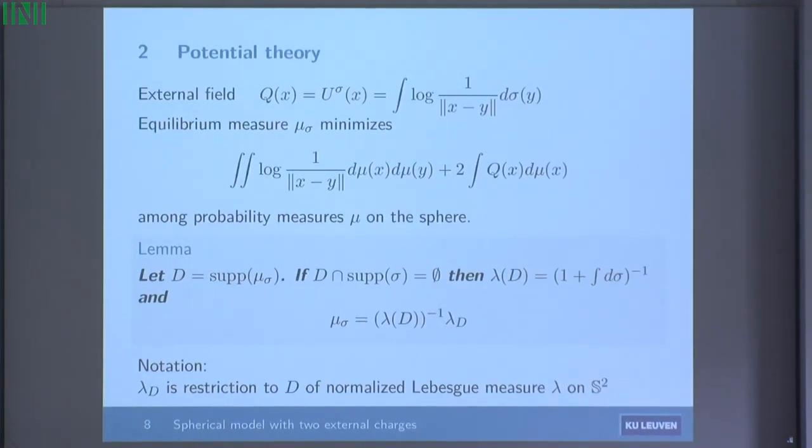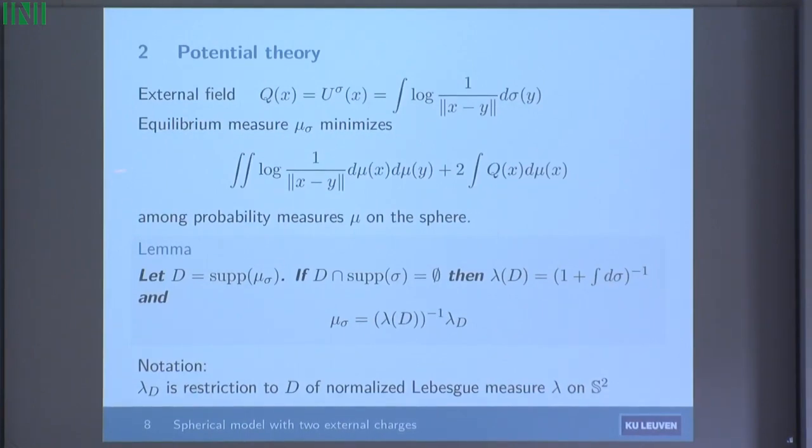Our goal is to compute this equilibrium measure, mu sigma. One thing is very nice here: if you are on the sphere, or more generally in the plane, and sigma is such that the support of this equilibrium measure, that's the droplet D, is disjoint from the support of sigma, then this measure can be written down explicitly.